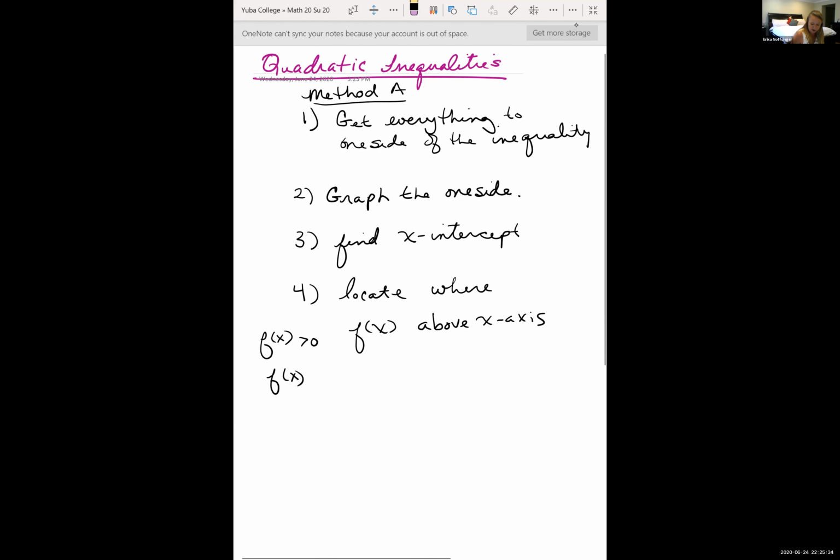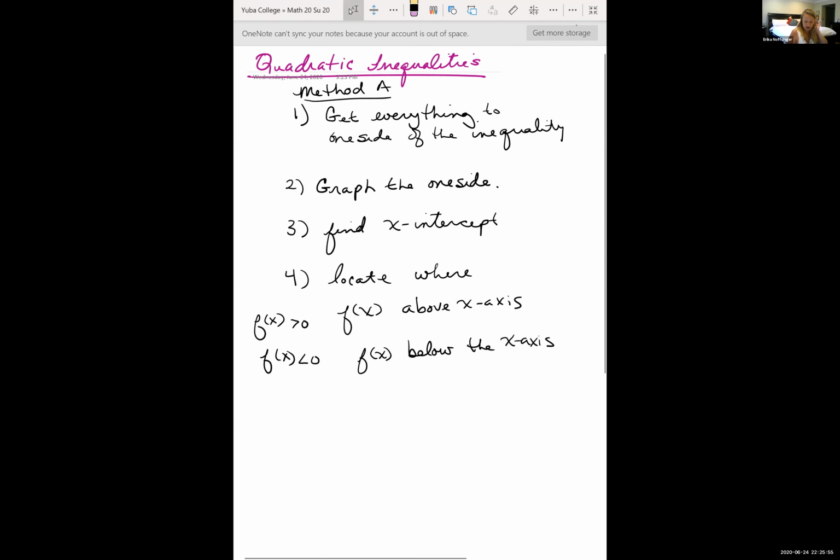Or you're going to locate where f of x is below the x-axis, if it's less than 0. So you look at the graph, and then you use the x values where this occurs.